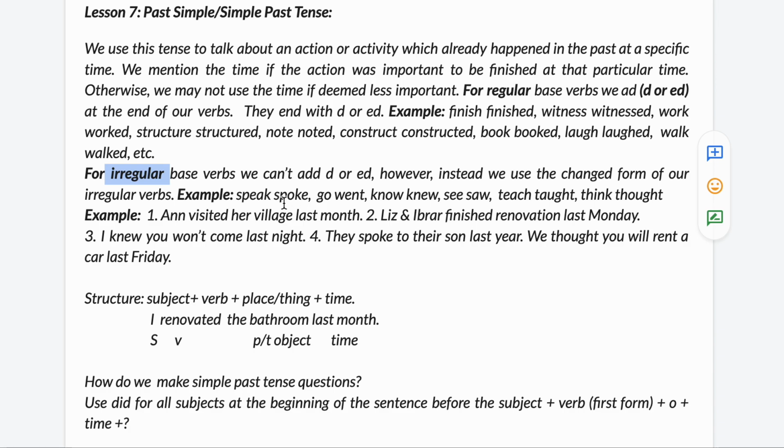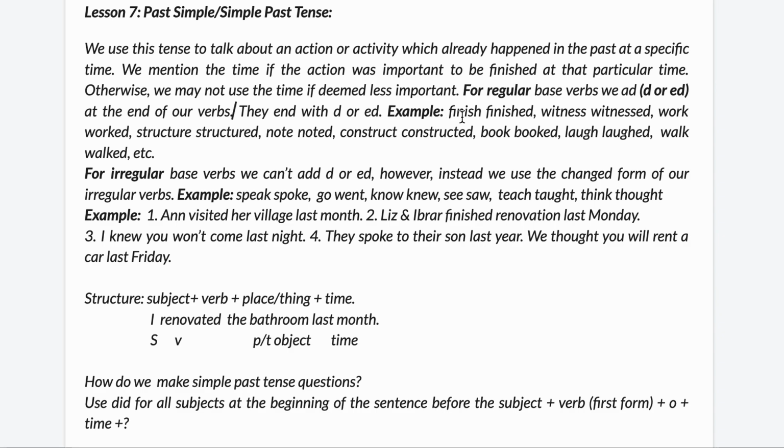So for regular base verbs, we add D or ED at the end of our verbs, so they end with D or ED when we use them in our simple past tense structure.